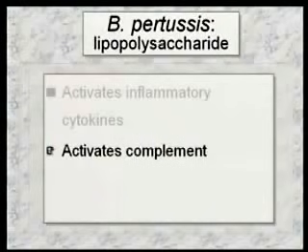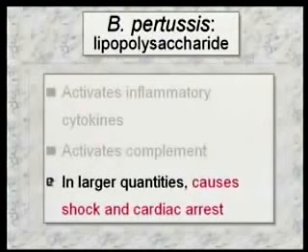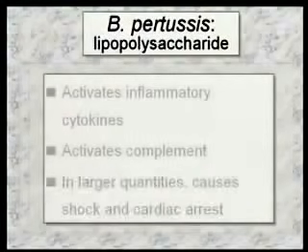It will produce anaphylatoxin that is going to lead to contraction of bronchial passages. Large quantities will, of course, cause shock because of reducing the blood pressure, the vasodilation, and it can lead to cardiac arrest. So septic shock is not uncommon to lead to these things.